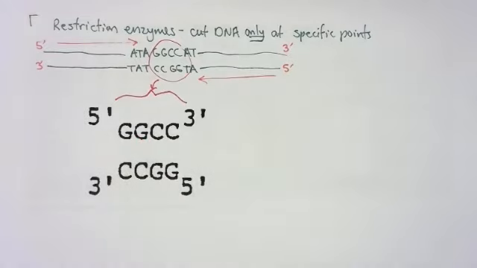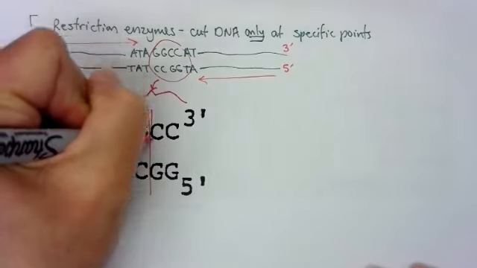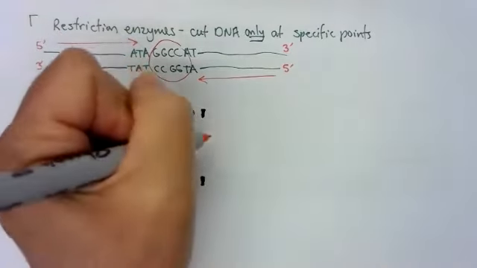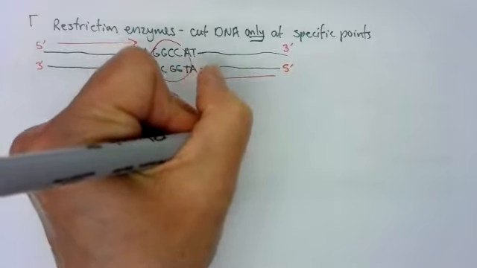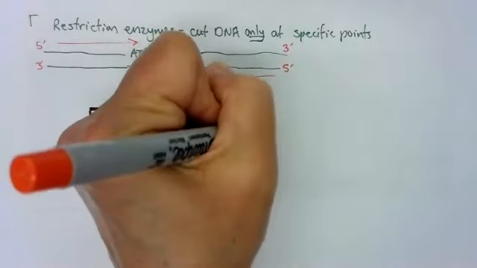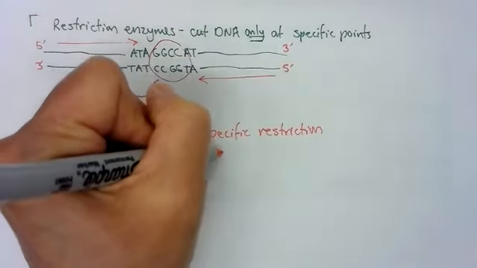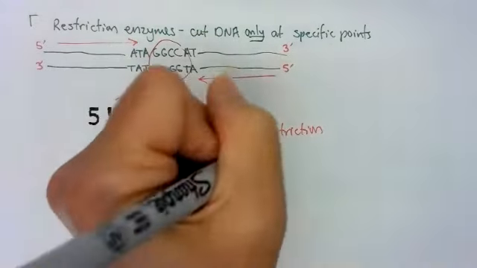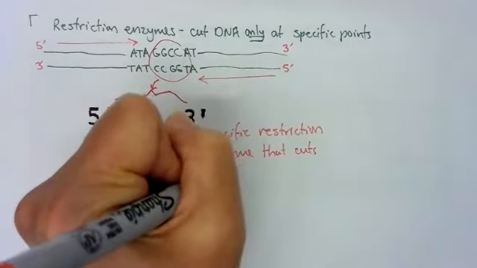The restriction enzyme for this will come in and it will cut here. So there is a specific restriction enzyme that cuts the sequence.